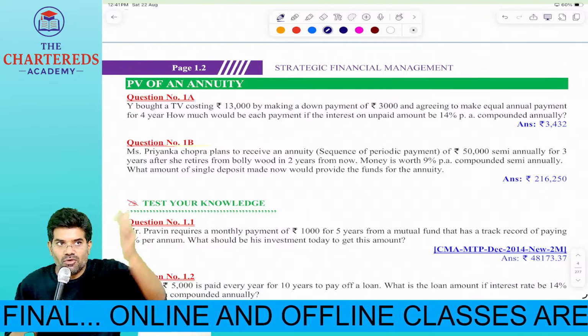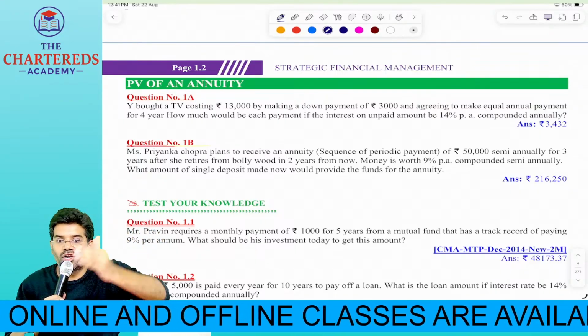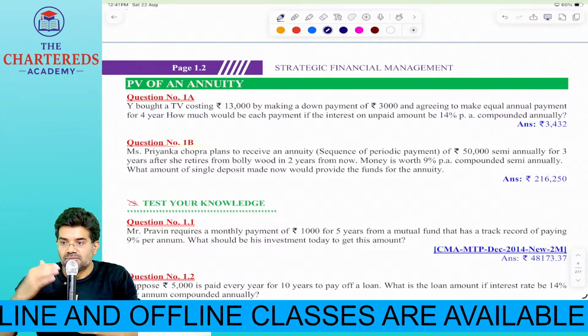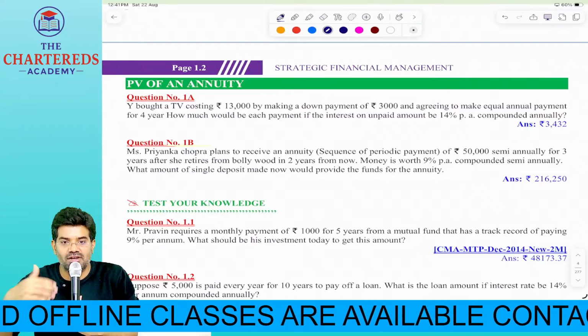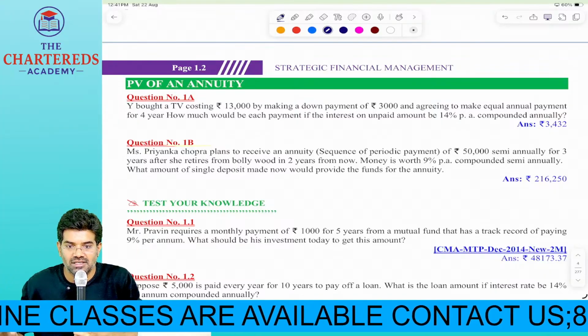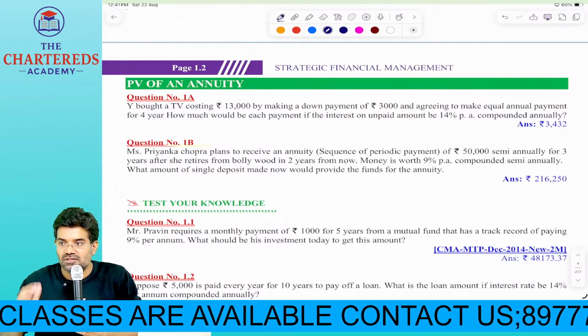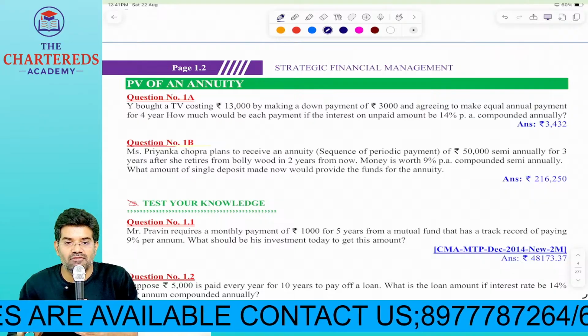Whatever is your loan amount, that should be equal. Because today's and tomorrow's, what is the difference? Present value, future value, what is the difference? Time value. Time value is nothing but what? Interest. If I don't pay today and pay tomorrow, what does the bank say? It asks to pay interest, that's all. The difference between present value and future value is what? Interest. Nothing but time value of money.